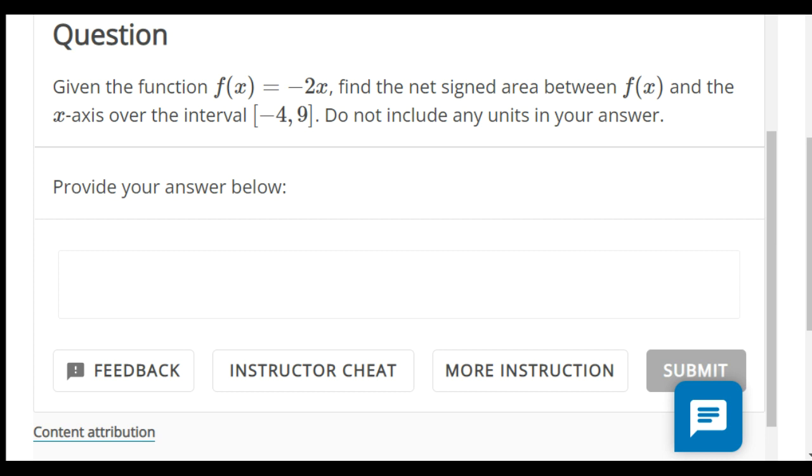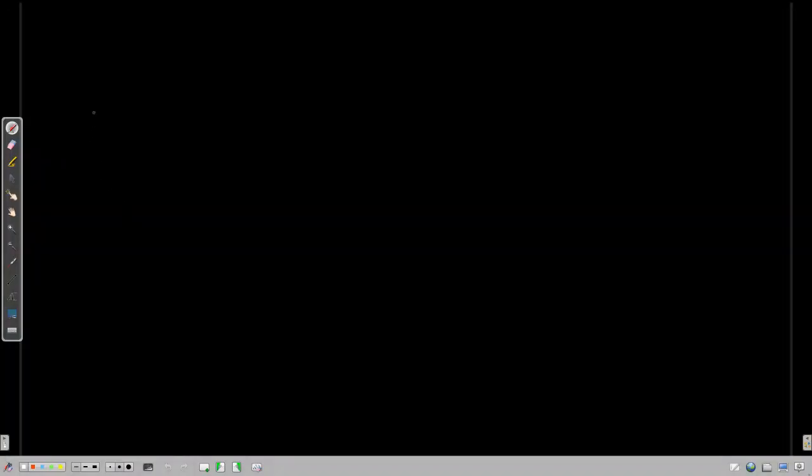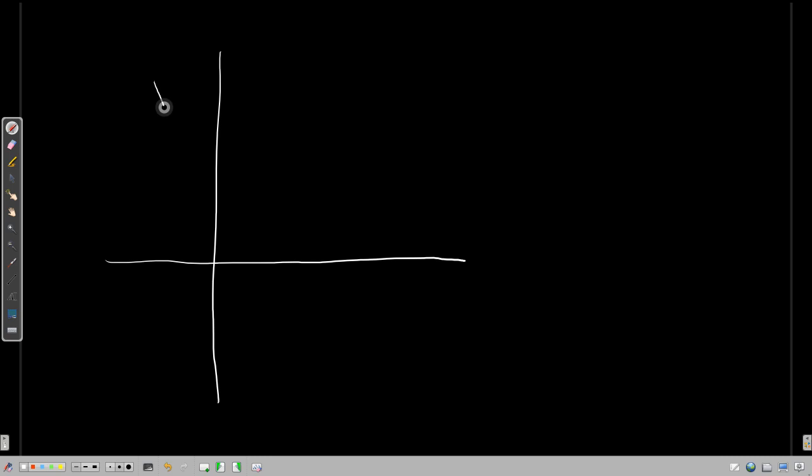Given this function, minus 2x, find the net signed area on the interval from minus 4 to 9. So it's a line that goes down like that through the origin.